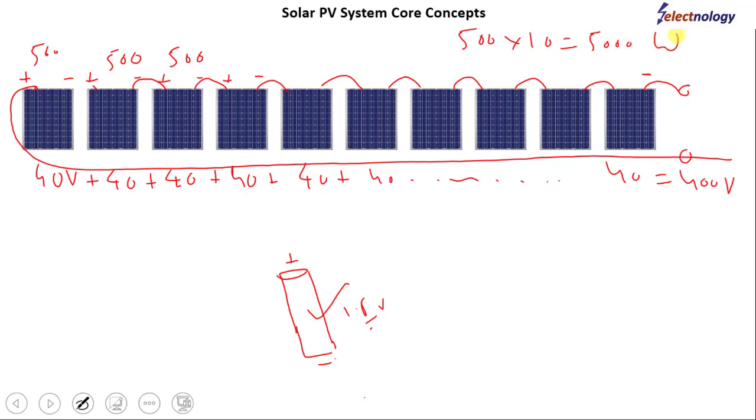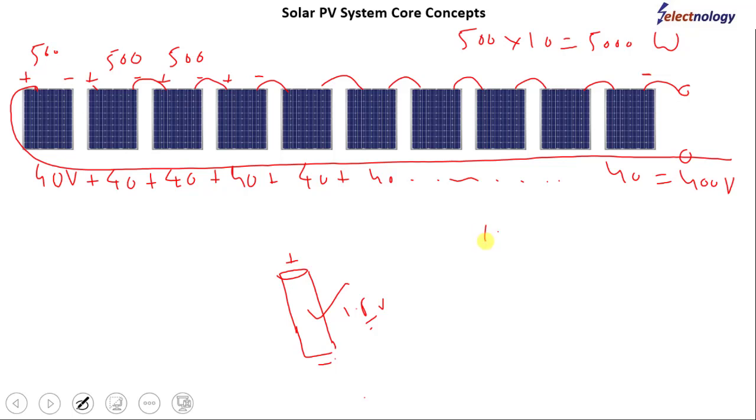Now this set of PV modules shall produce 5000 watts for 1 hour if we remember the conditions are fulfilled: that the sun energy of 1000 watt per meter square is being received, and the cell temperature, precisely speaking, is 25 degrees centigrade, or the temperature of the PV module is 25 degrees centigrade.